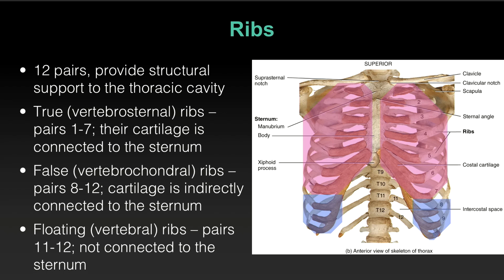So rib 9 articulates with thoracic vertebra number 9. Rib 3 articulates with thoracic vertebra number 3 at the superior border, and I'll show you that in a bit more detail. We can't see that very well with this anterior view on the screen right now.